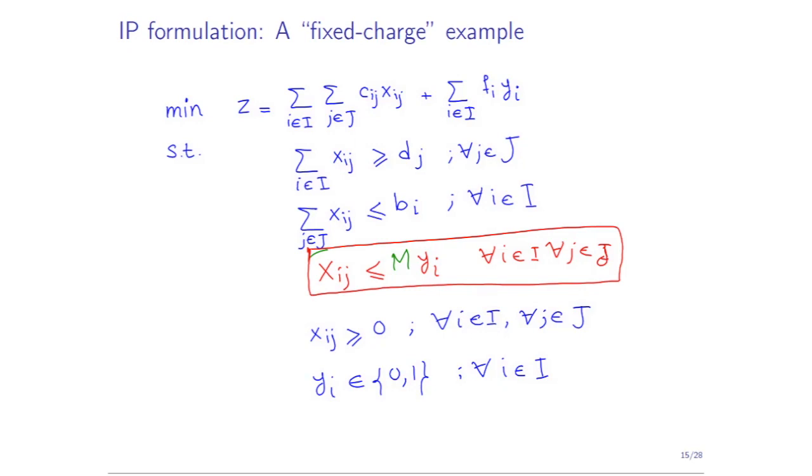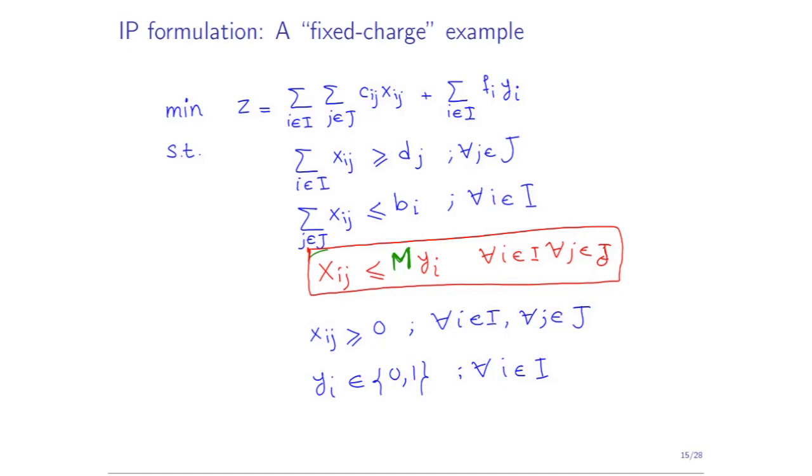We should also say something about the value of M, because M is supposed to be a number when we plug this into a computer to solve it. So this M here should be big enough but not very big. Now let's see if we can come up with a lower bound for M.